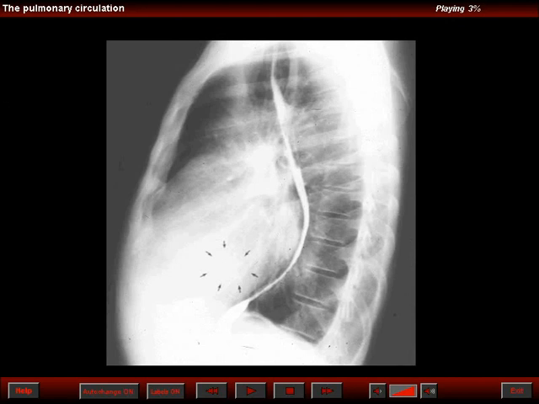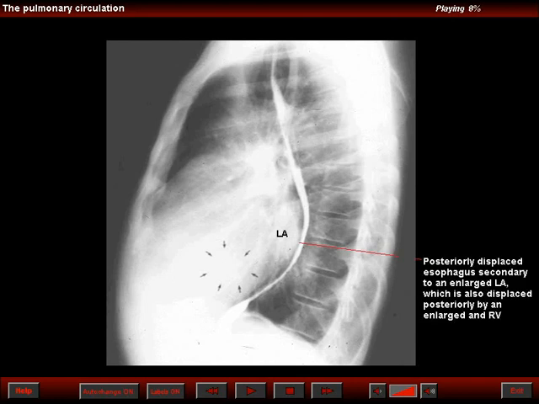In this lateral view of the chest, we see continuous displacement of the esophagus, secondary to intrinsic enlargement of the left atrium, and also dorsal displacement of the left atrium, secondary to right ventricular enlargement. The greater the surface contact of the heart with the sternum, the larger will be the right ventricle.